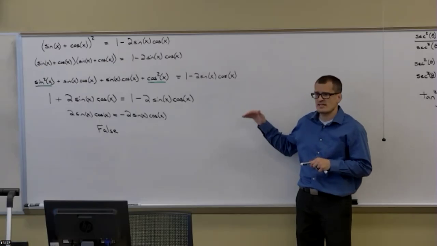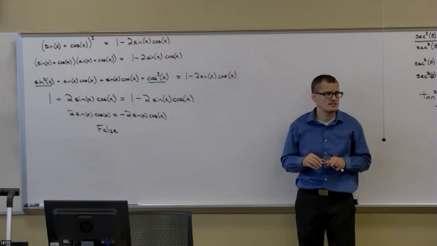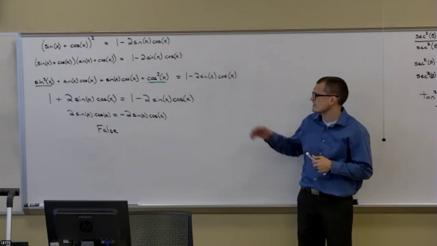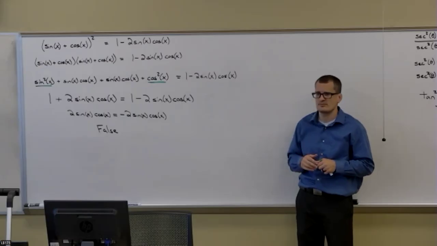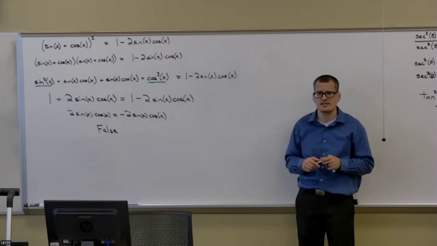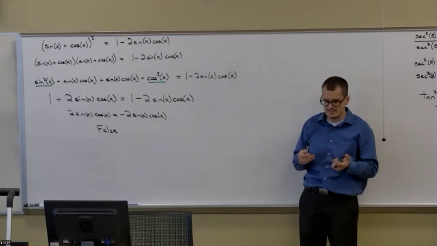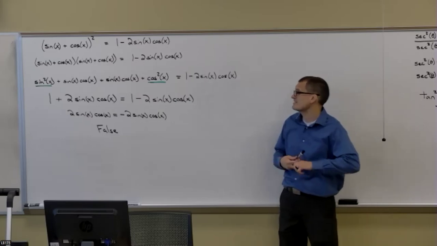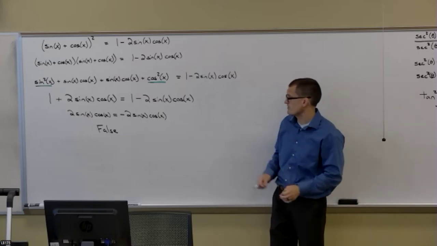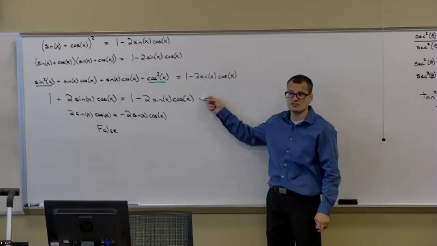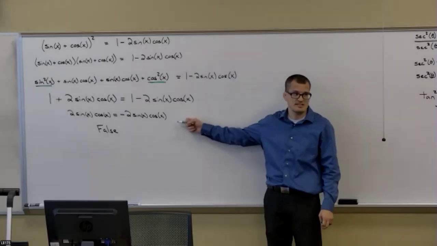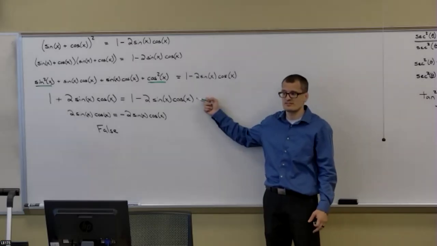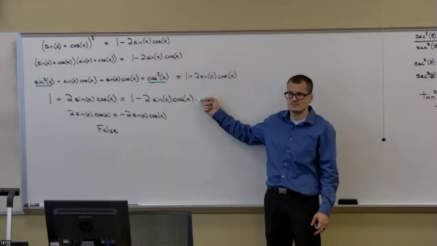Any questions about that? Again, if you want to go more steps, you can go more steps, but I don't think it's necessary right here. A lot of times, that's the other thing. A lot of times, what I would have probably done is I would have probably stopped at this stage. You don't really need this stage if you can see that this is clearly not the same on both sides.